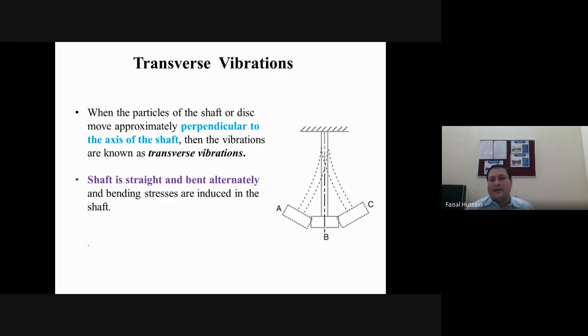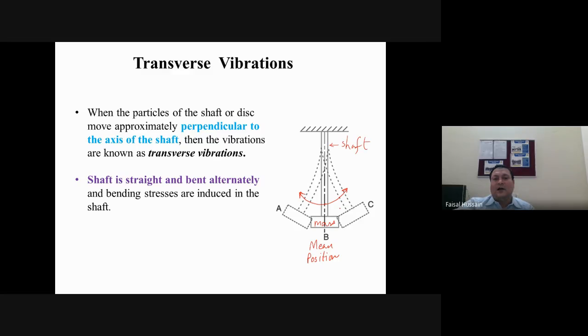Basically, this is the same setup. This is your mass, mean position is B, and this is your shaft. The mass goes to position A, and again it moves to the other side of the mean position and reaches position C, with B the mean position.